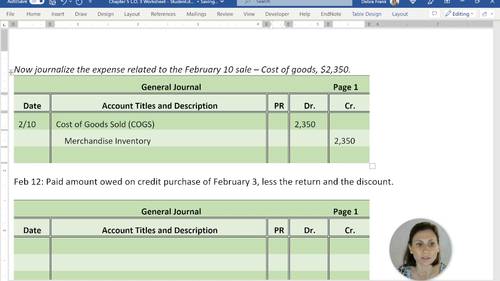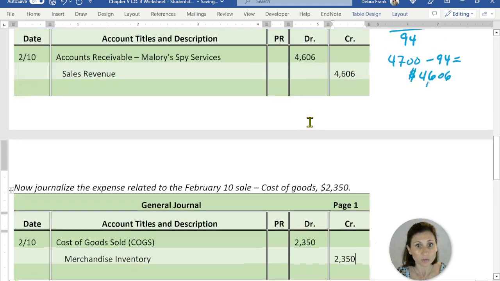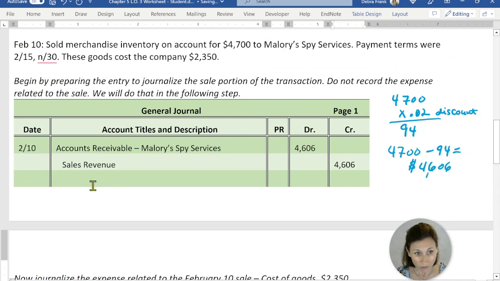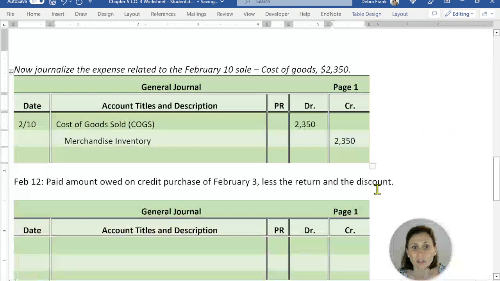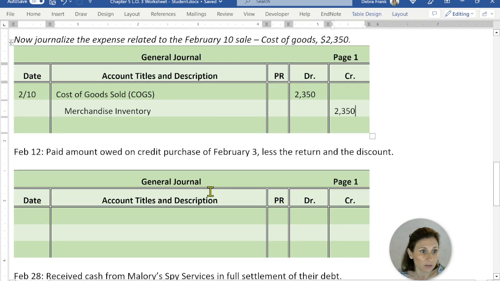That was our cost of inventory. That's the inventory that's gone. That's why we decrease it with the credit. And then we want to have a match of an expense related to that revenue. Well, this is our expense or cost, debit balance, related to this revenue, the credit balance. Perfect. All right, so now we are done with that journal entry.